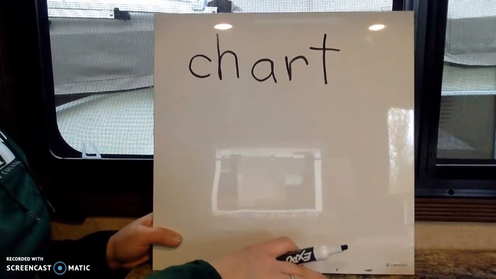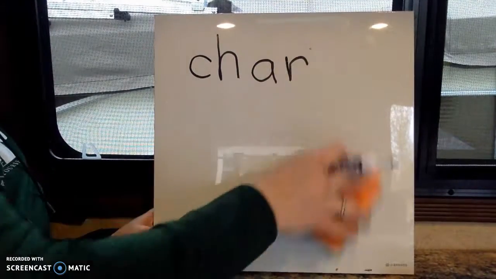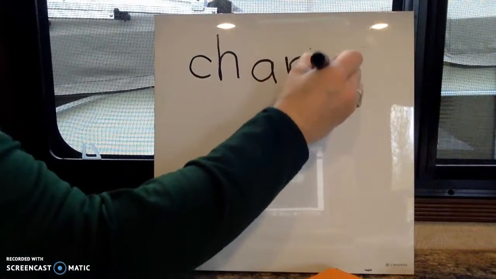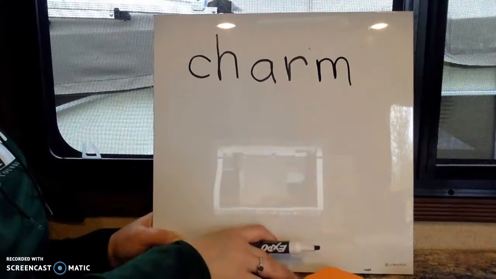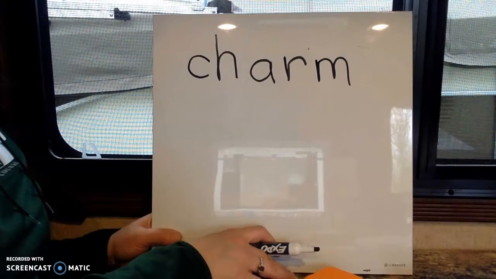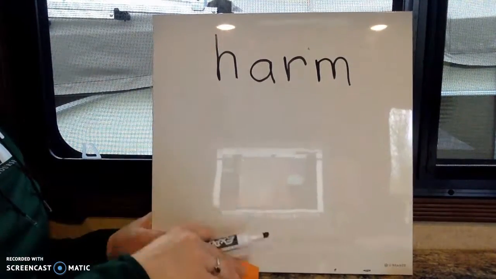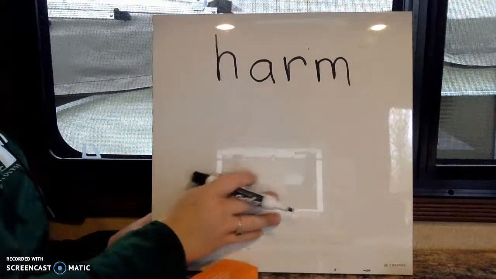Charm. T, and now charm. I hear M at the end of that word. Charm. Now we're going to take away a letter just so we can have harm. Harm. So we don't need that C anymore. Now we've got harm.